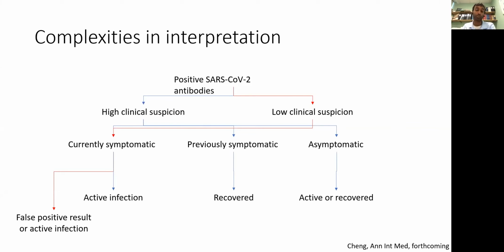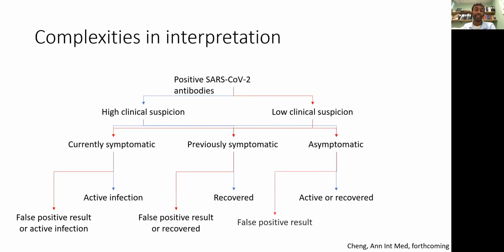And so it is possible that if they are symptomatic, even in low clinical suspicion, they actually do have active infection, and you'd be obligated to get a PCR test to confirm or rule that out. If they were previously symptomatic, it could also still be a false positive result, or it could represent that they have recovered from an infection in the past that was not detected.